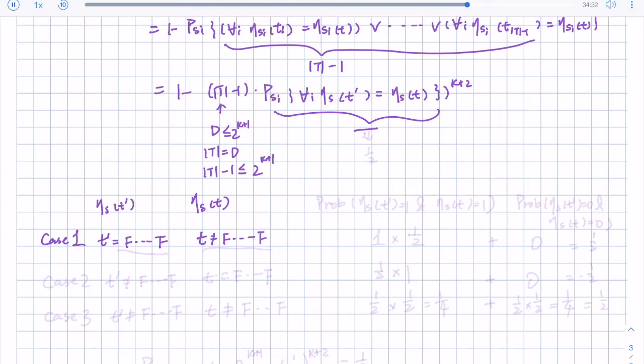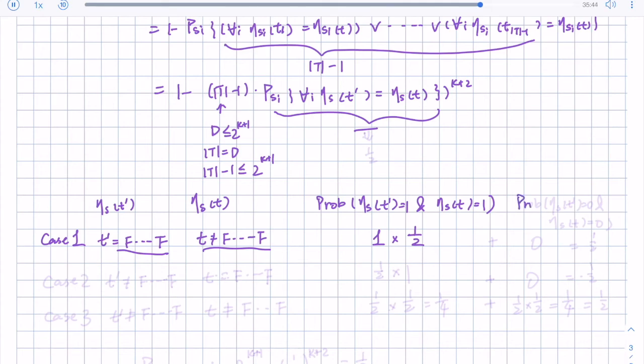And in this case, the probability that eta S T prime is 1 and eta S T is 1 is 1 times a half, based on what we have proved for probability 1. Because if it's all false assignments, then there must be an even number of true variables. And if it's not all false assignments, then half of the time we have an even number of true variables.